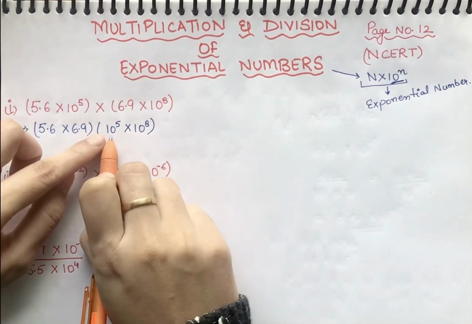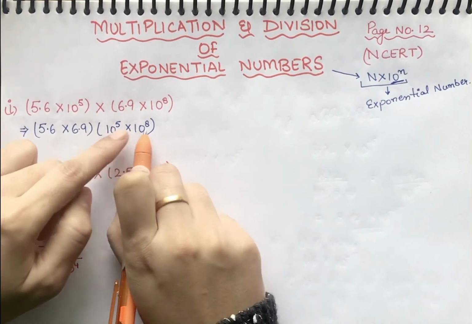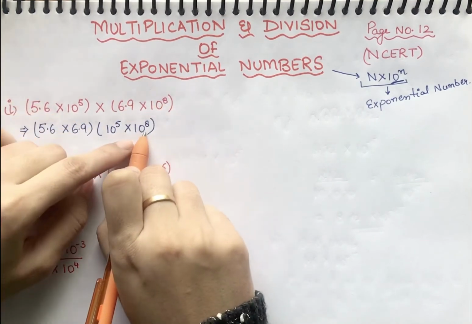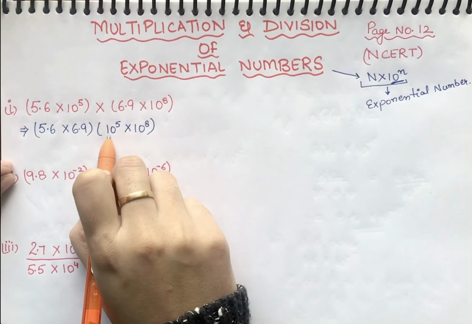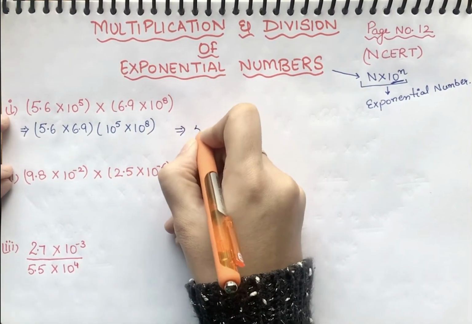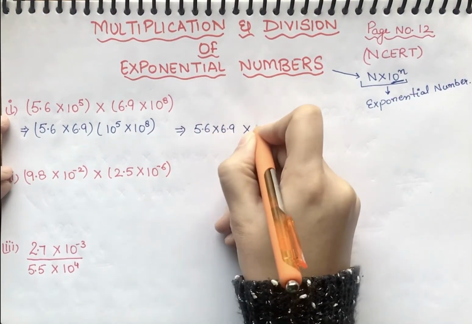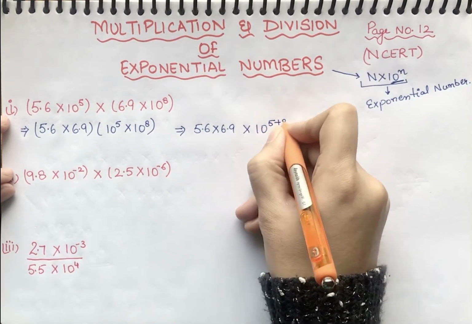There is a very simple rule that powers are always added in multiplication and subtracted in division. So I'll multiply 5.6 into 6.9 and add the powers, 5 plus 8, right?